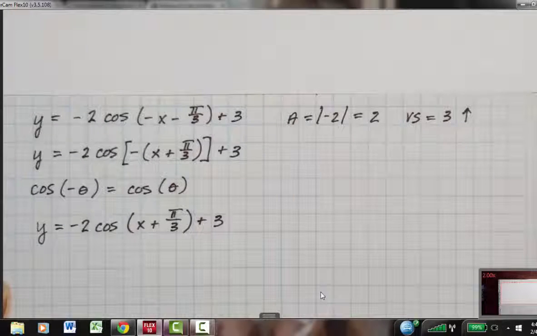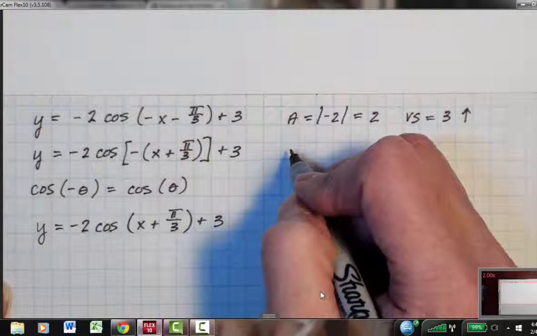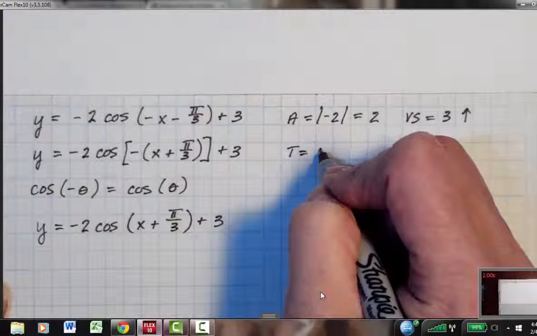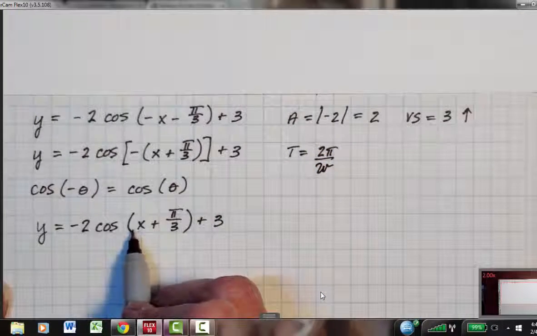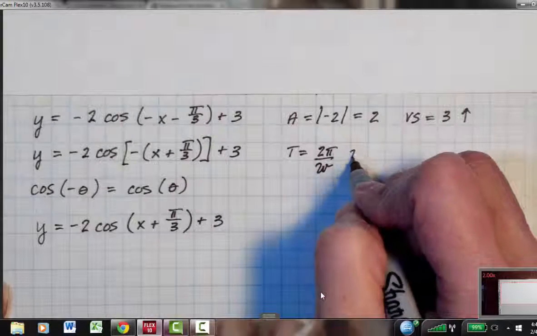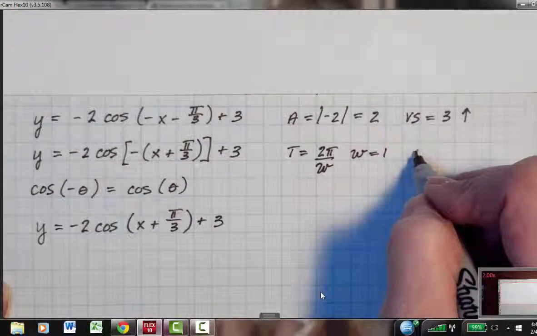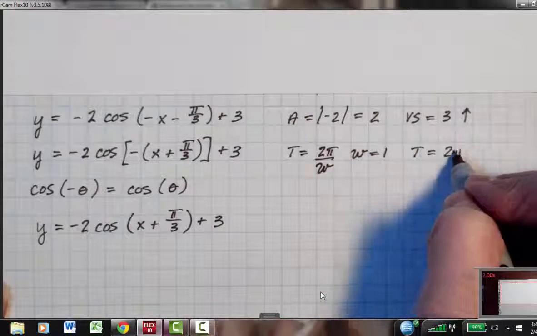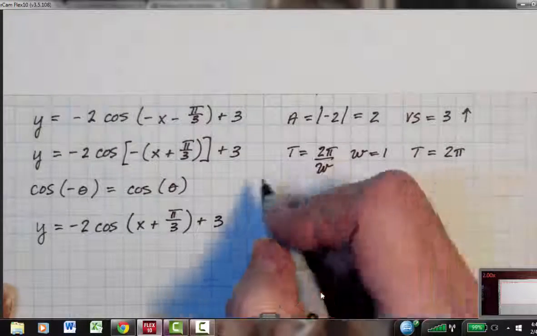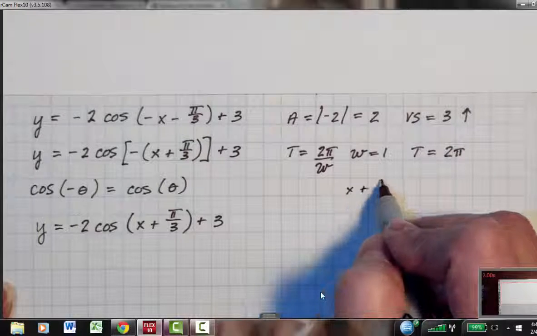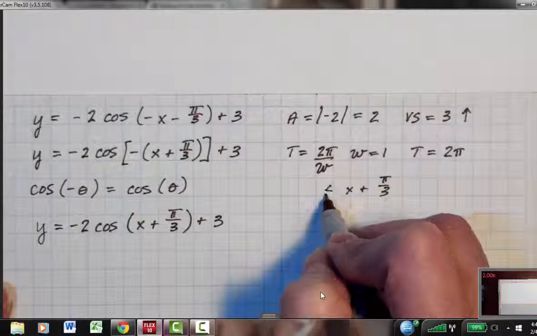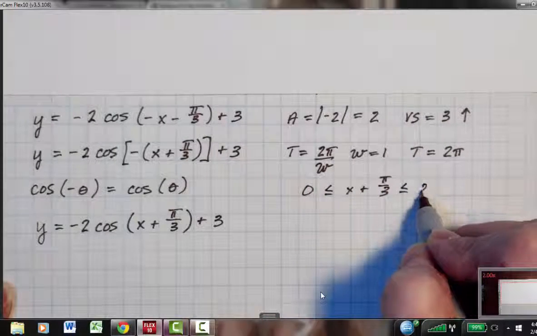Then I'm going to look at my period, and my period is going to be 2 pi over omega. And remember, omega is the coefficient of my x, so omega in this case is equal to 1. So my period then is going to be 2 pi. And then my phase shift, I take what's inside the parentheses, and I'm going to put it between 0 and 2 pi.